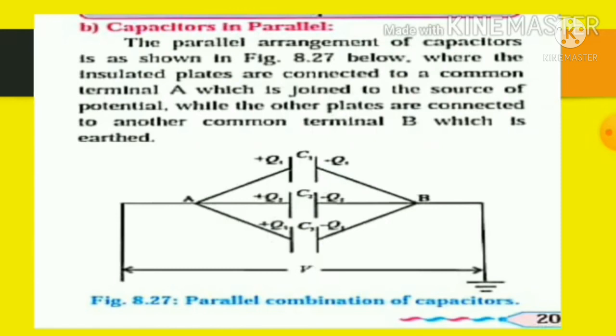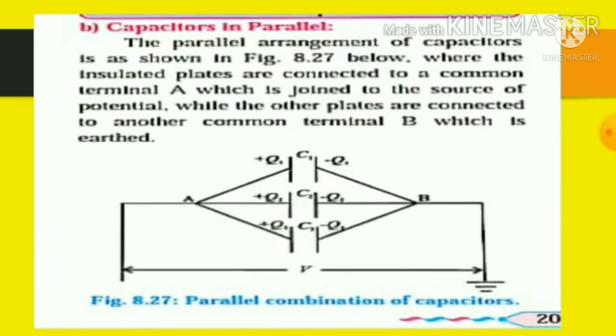In this figure, C1, C2 and C3 are the three capacitors having capacities C1, C2 and C3, arranged in such a way that the first plate of each and every capacitor is connected to the common point A, and then this common point A is connected to the source of potential.